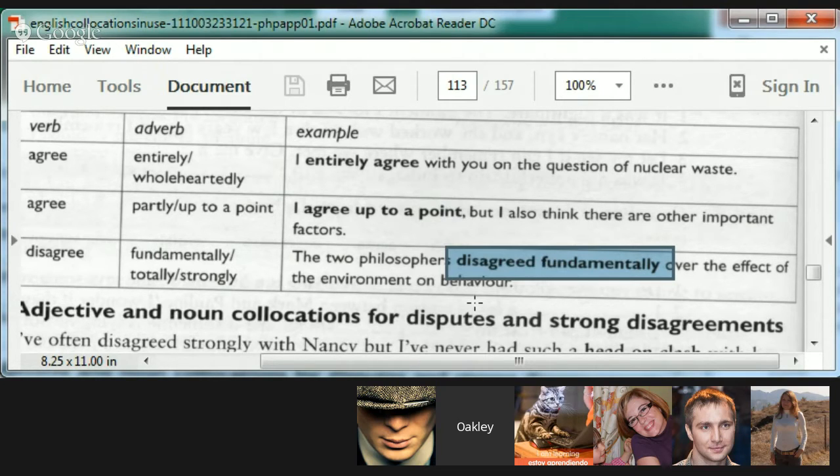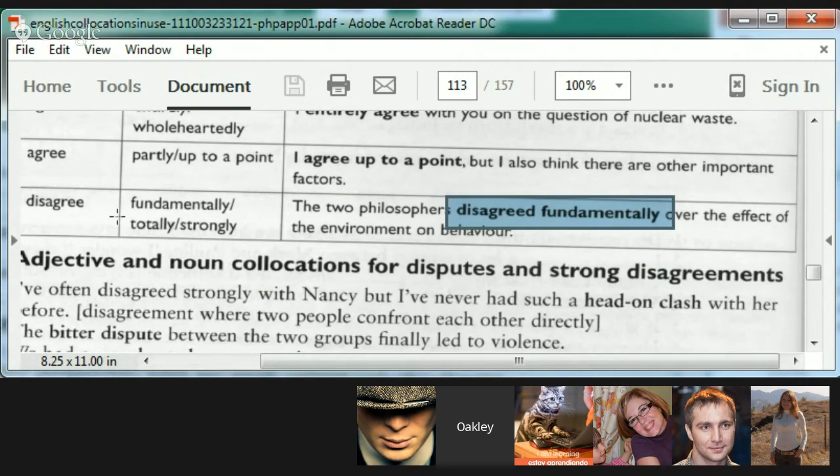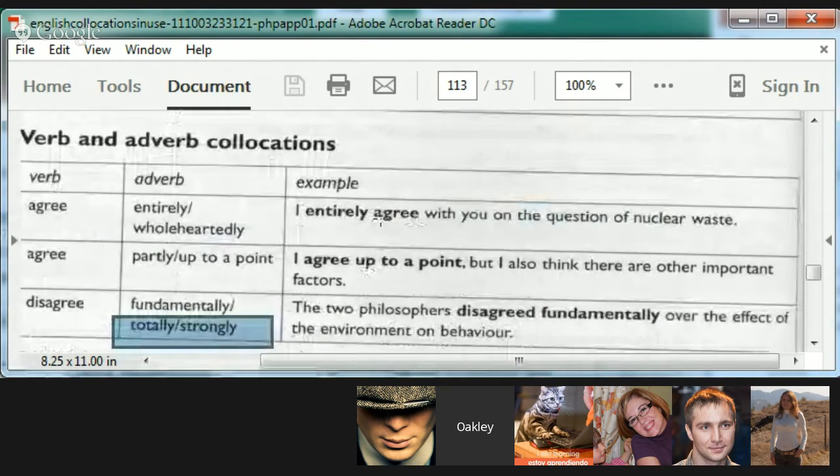Whereas if you fundamentally disagree, it's very strong disagreement, extremely strong disagreement. If you fundamentally agree with somebody, it means you agree, but maybe not completely, maybe up to a point or to a certain extent.